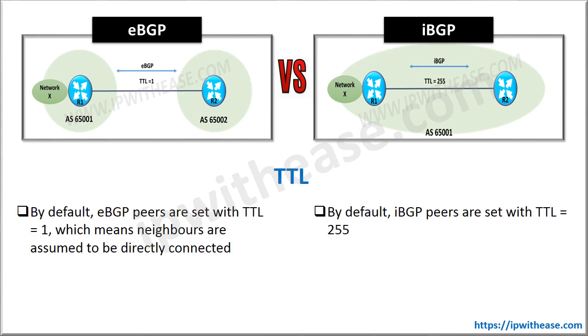Hence, we can deduce that for eBGP, by default, peers are set with a TTL value of 1, which means neighbors are assumed to be directly connected. However, for IBGP, by default, peers are set with a TTL value of 255.